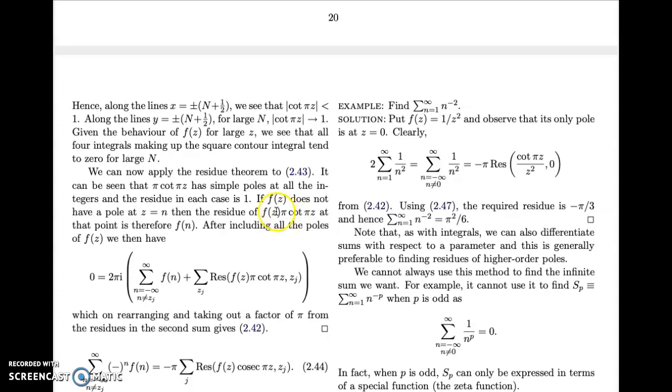Now we've got f of z, where there's no singularity of f at that particular value of n. So we just get left with f of n, because the rest just gives you 1. So just substitute z equals n and get f of n. So the residue at that point is therefore f of n.